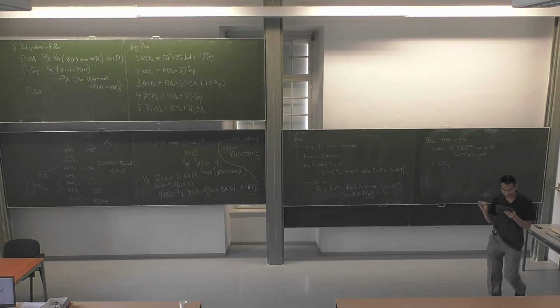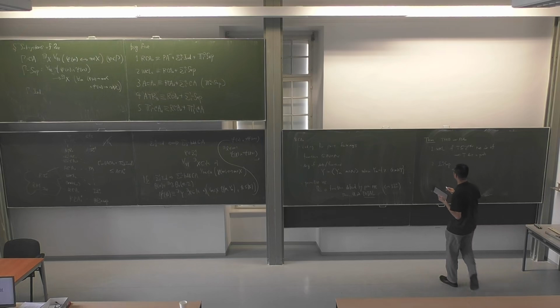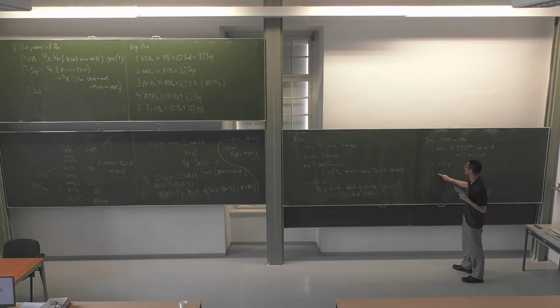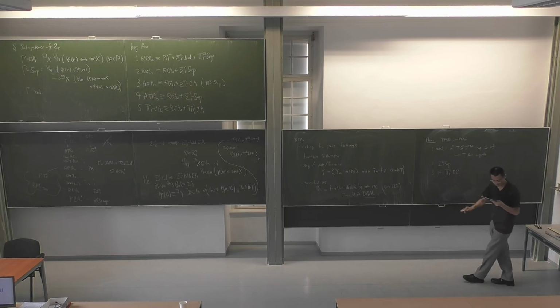I may use in my talk, almost without mentioning it, the strongest form of WKL0, which is usually known as strong pi 0 1 dependent choice.